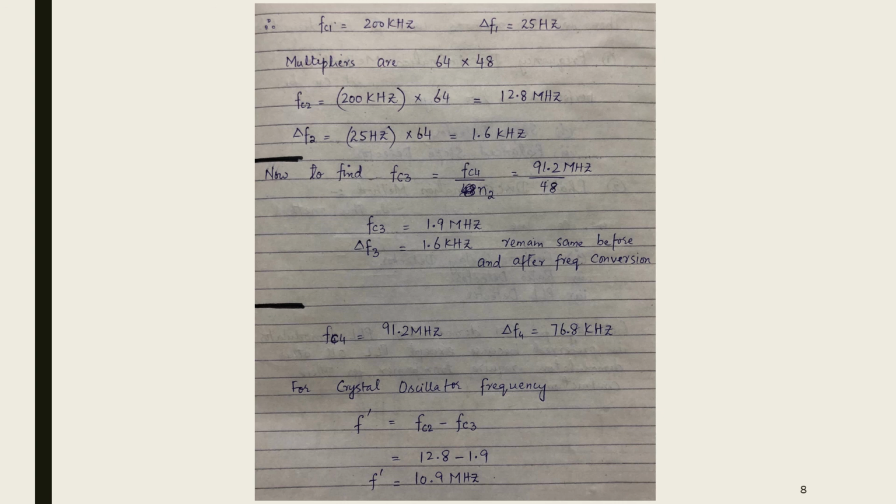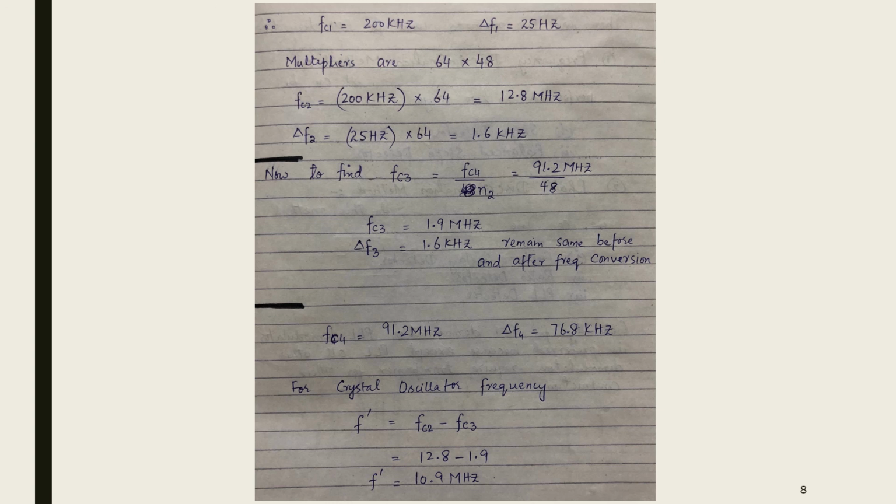Now I have calculated FC3 and delta F3 from my previous knowledge. So the only remaining task is to find the crystal oscillator frequency. I know that before the crystal oscillator my carrier frequency was 12.8 megahertz, and after the crystal oscillator my frequency is 1.9 megahertz. So if I subtract FC3 from FC2, then I get 10.9 megahertz.